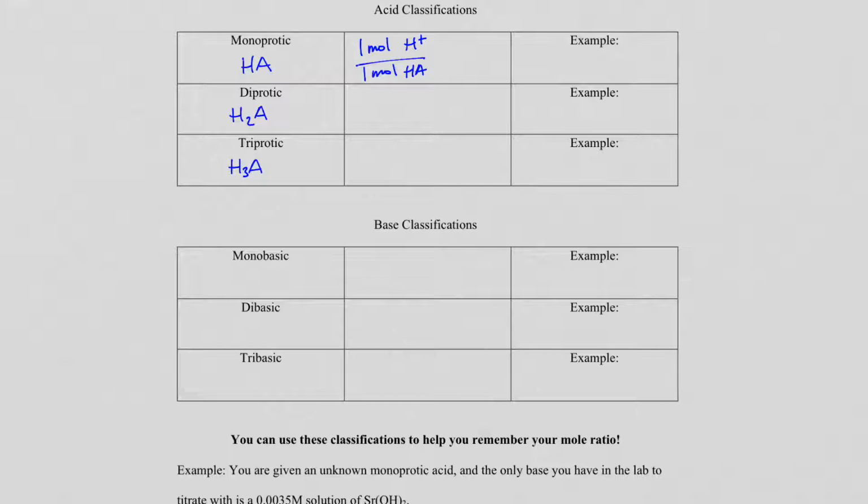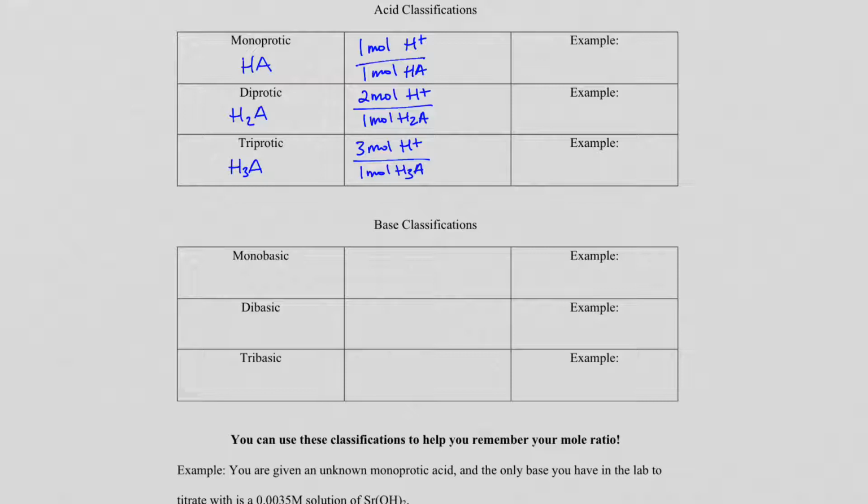For diprotic, you guessed it, we get 2 moles of H plus ions per 1 mole of diprotic acid. For triprotic, we get 3 moles of H plus ions per 1 mole of triprotic acid.